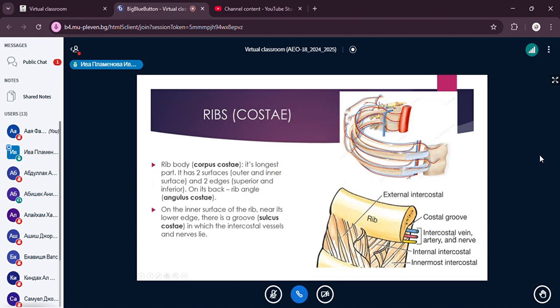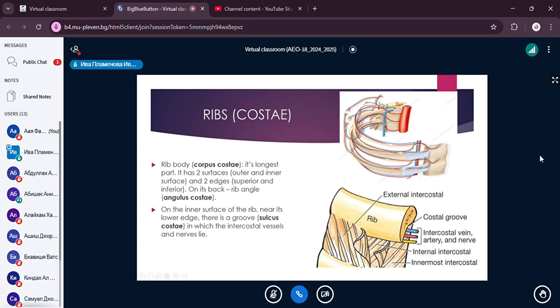And the most important thing: on the inner surface of the rib, near its lower edge, there is a groove, which is called sulcus costae. That's the groove. And why is it important? Because here we can find the intercostal vessels.